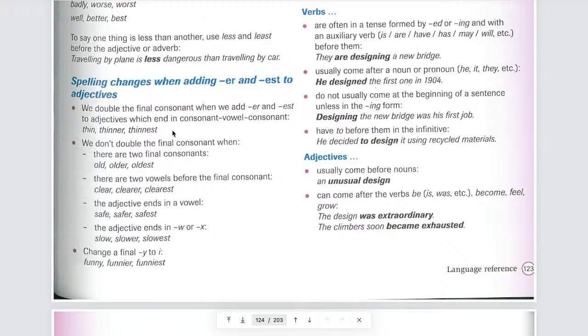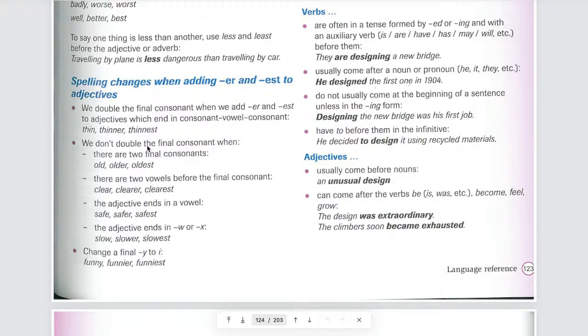Finished. Alright, next one. Duy Tân, read the next line. Yes, okay, enough.